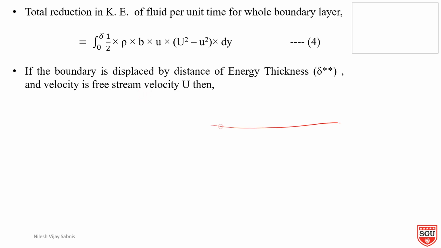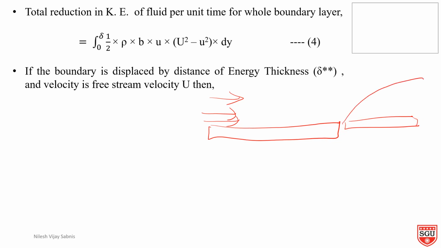Means we are considering the same way, there is a plate but ideal fluid is flowing, and this was our previous condition. Here the boundary layer will not form, no boundary layer. Here the boundary layer is formed. Due to the formation of the boundary layer, kinetic energy will be lost. So the kinetic energy here will be greater than the kinetic energy over here.